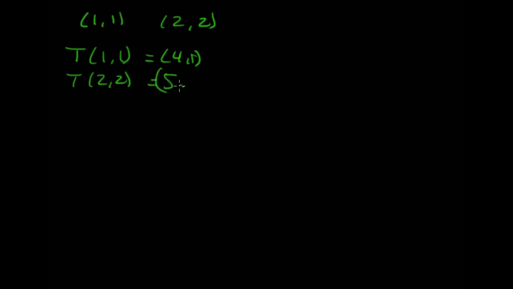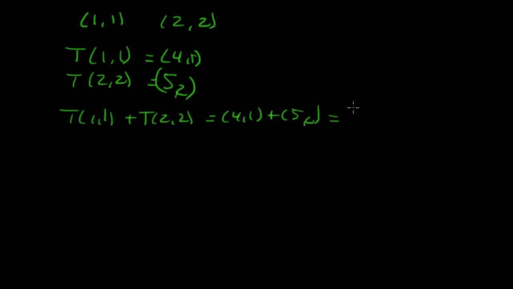All right, so let's look at number 3. This is another one where we don't get a linear transformation, so let's use (1, 1) and (2, 2) as our counterexample. If I take T of (1, 1) here, I'm going to get (4, 1). If I take T of (2, 2) here, I get (5, 2). So if you add those, you get (9, 3).